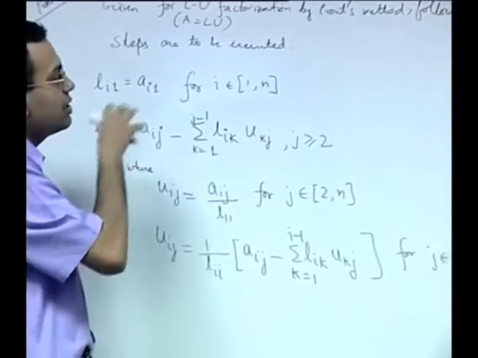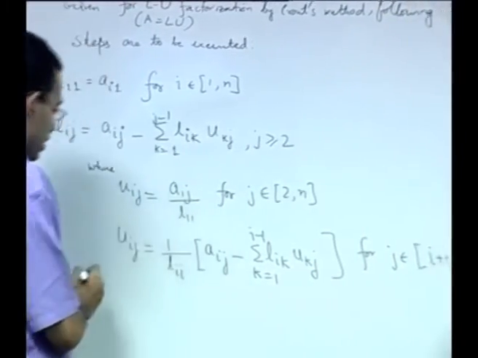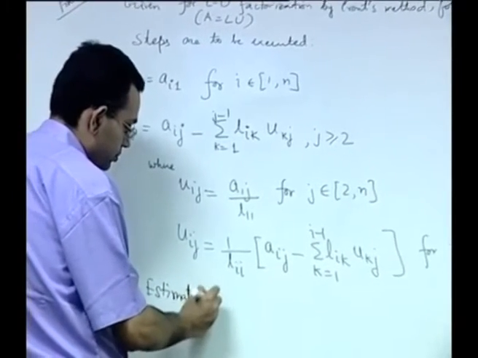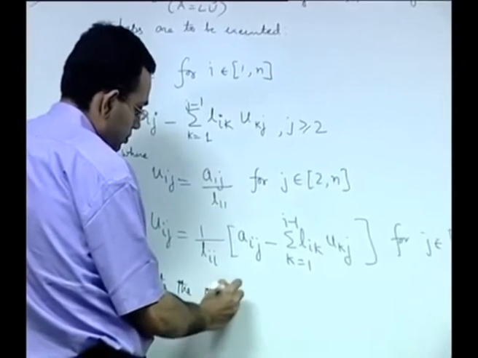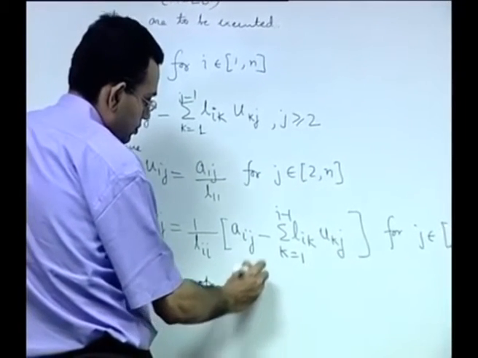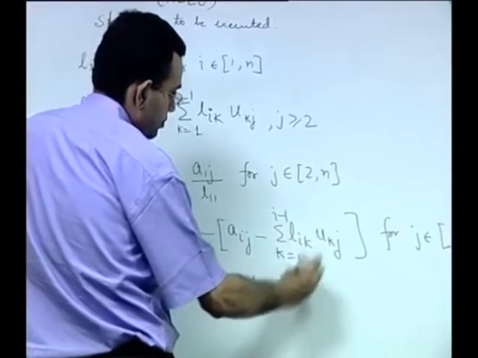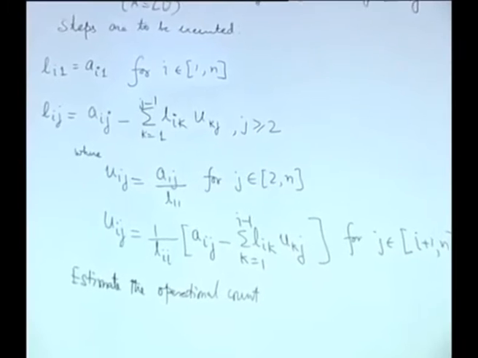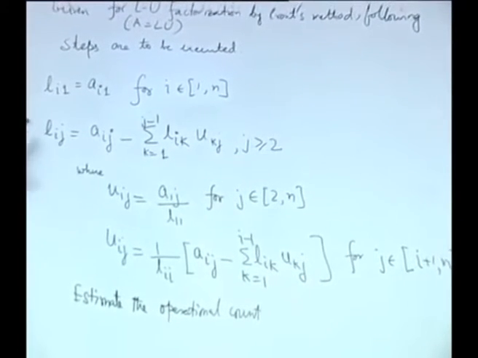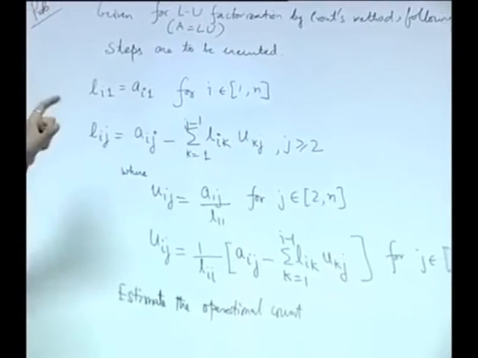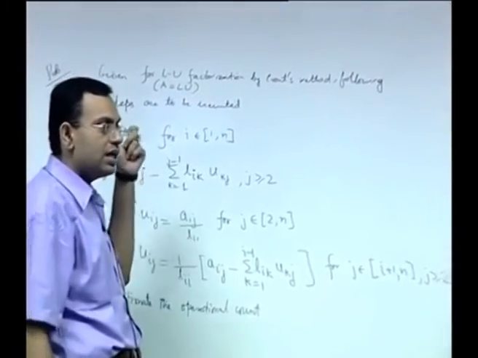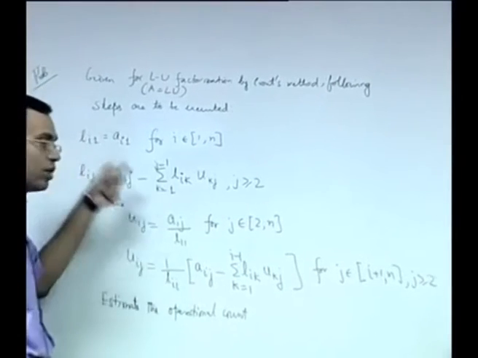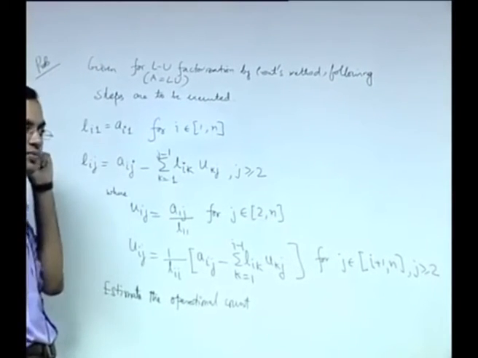But what we are interested in from this is to estimate the operational count. You can see here that the calculation of Lij and Uij are mixed, like for some Lij's you calculate them earlier, then you calculate some Uij, then some Lij, like that.